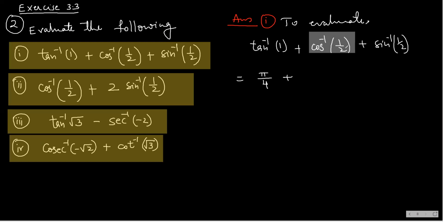Plus cos inverse x plus sin inverse x is pi by 2. Cos inverse of x plus sin inverse of x is pi by 2. So what is the answer now? This is pi by 4, this is 2 pi by 4, so this is 3 pi by 4. So the final answer is 3 pi by 4. You can write here, if you want, since sine inverse of x plus cos inverse of x equals pi by 2. So we have done the first one. The answer is 3 pi by 4.